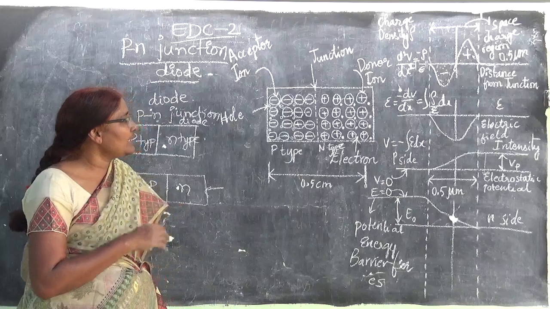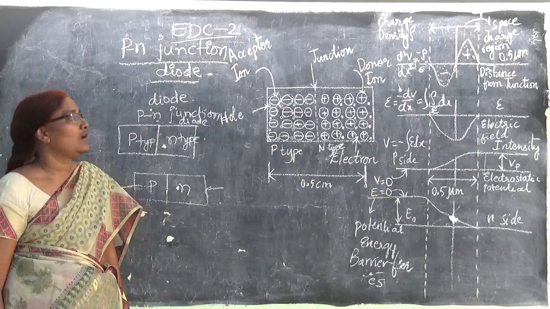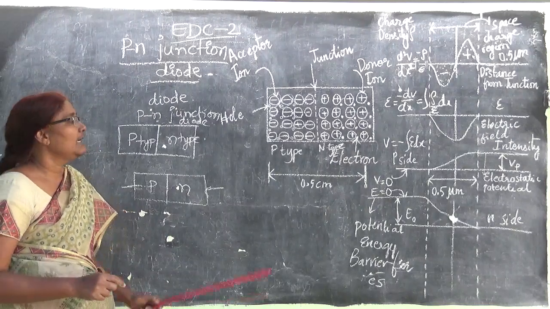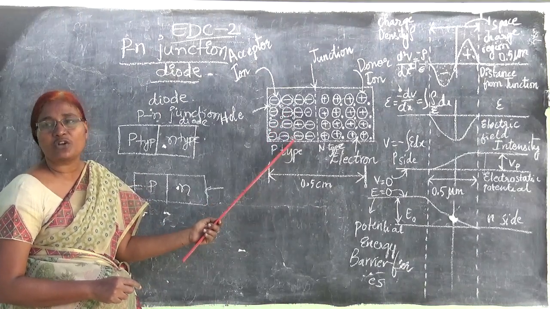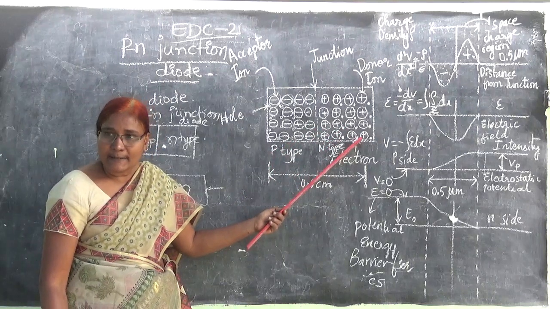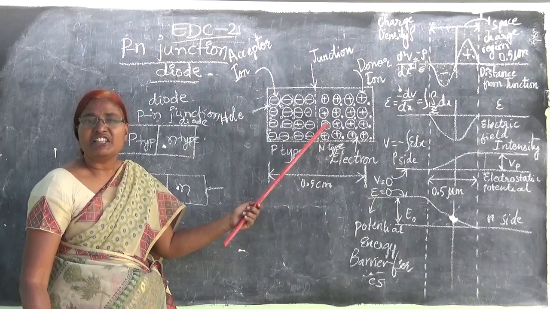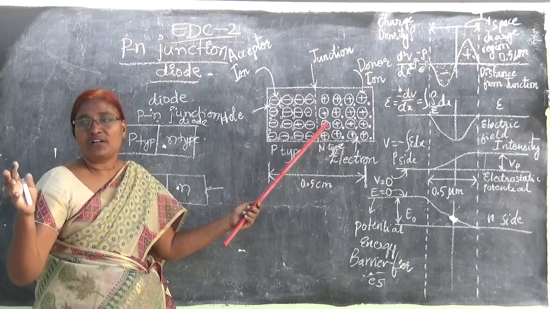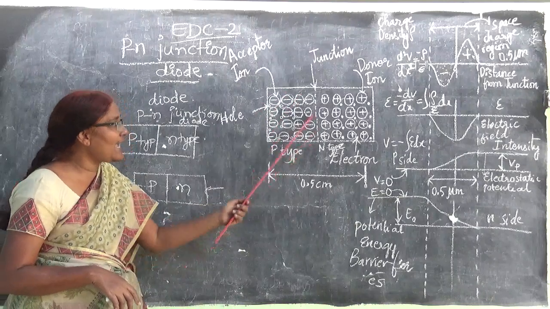So here what happens in p-type material, the major charge carrier is nothing but the hole. That means a large number of holes will be available, which we will consider as a unit positive charge. And on the other side, due to the thermal energy, that is due to the temperature, there will be breaking of covalent bonds and hole-electron pairs will be formed.